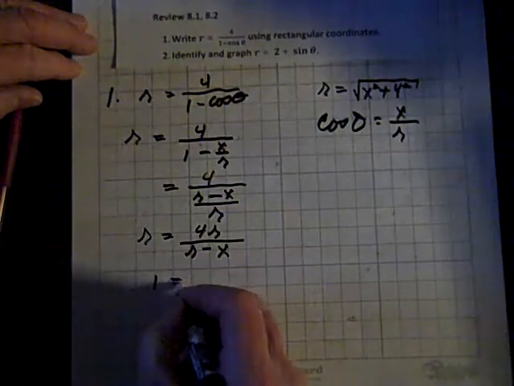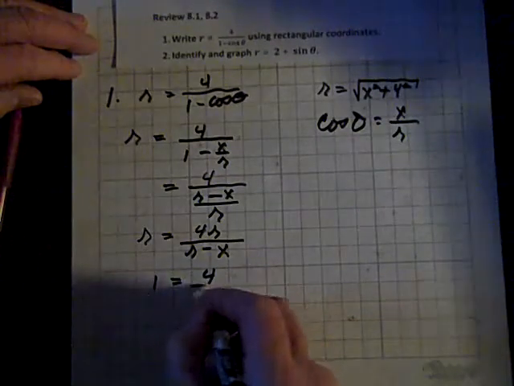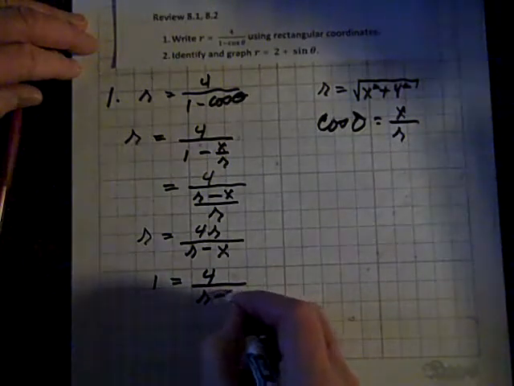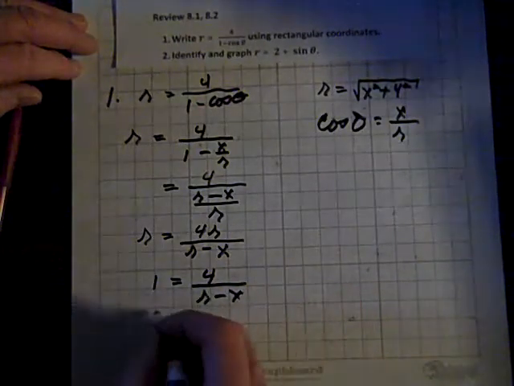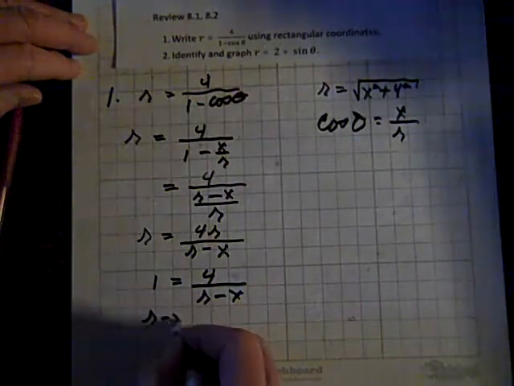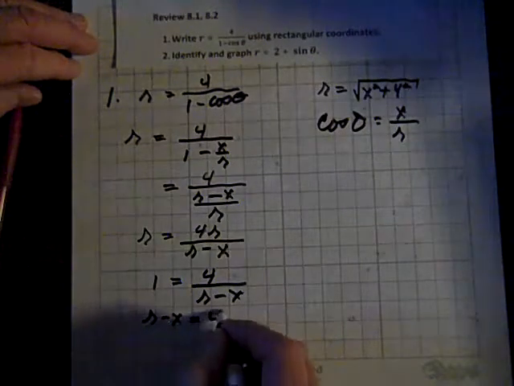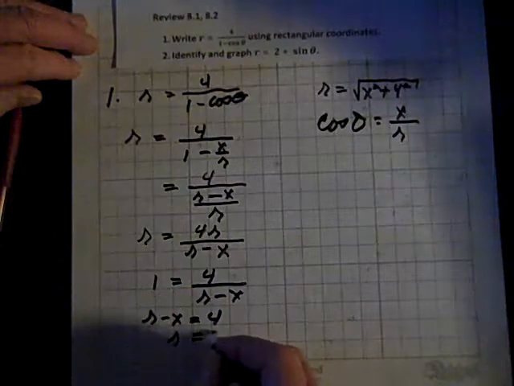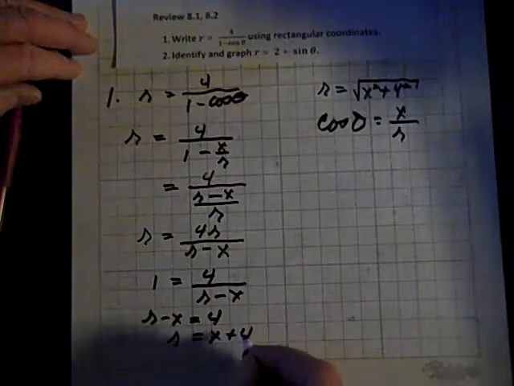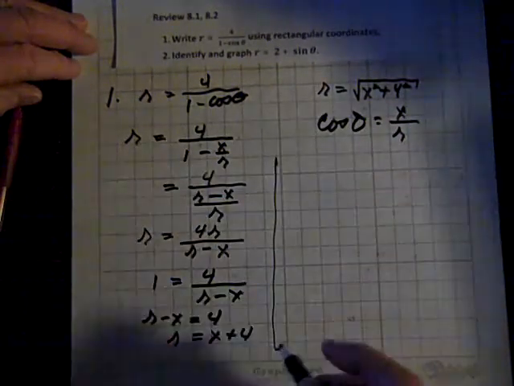So we just have 1 equals 4 over r minus x. Now let's multiply both sides by r minus x, and we have r minus x equals 4, so r equals x plus 4. Well, let's keep going with that.